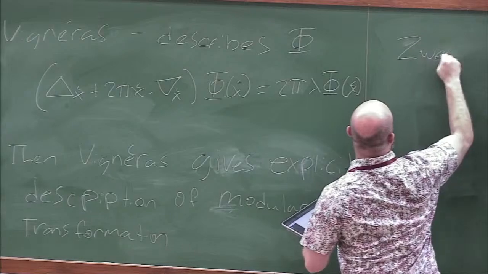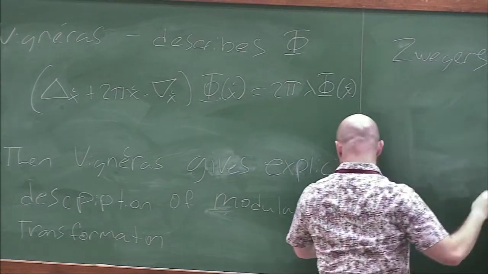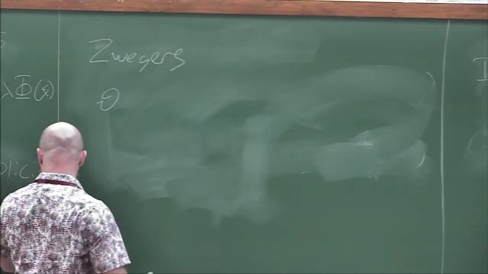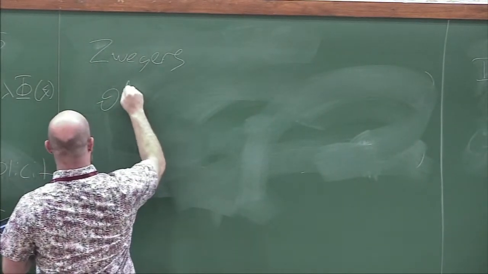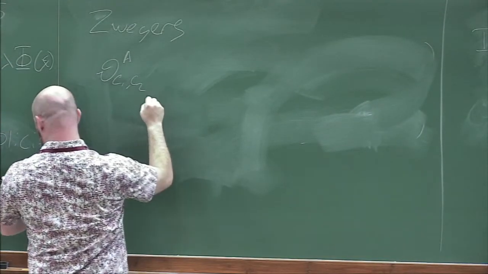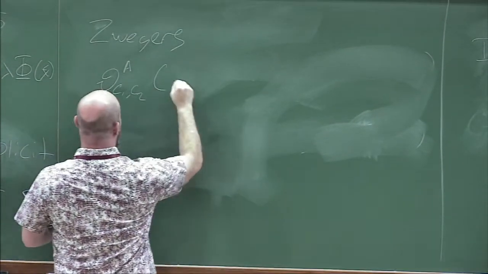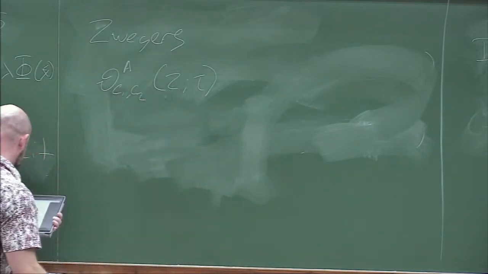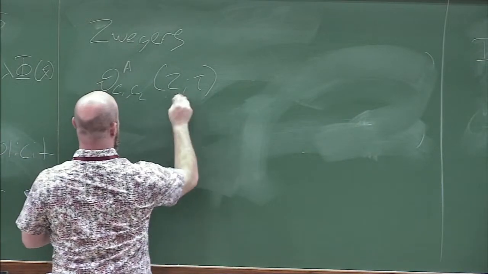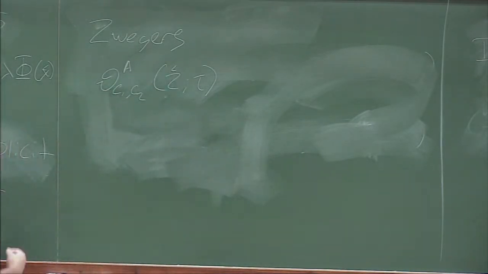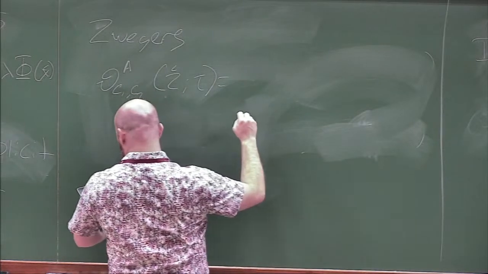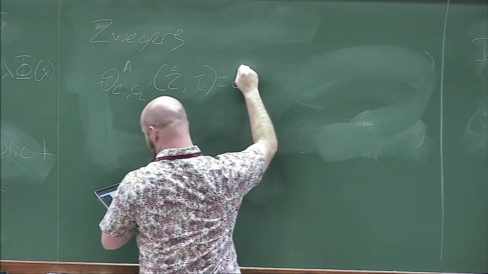What Zwegers defines for us are these theta functions. So he uses this curly theta, with A, C1, and C2. And then we're going to get these variables, z and tau. z here is, again, going to be a vector. It incorporates elliptic variables here.